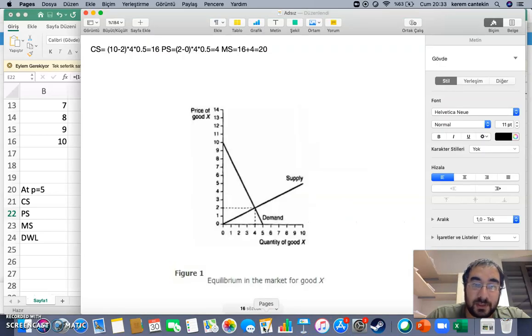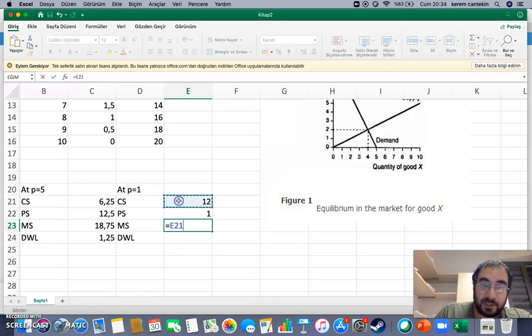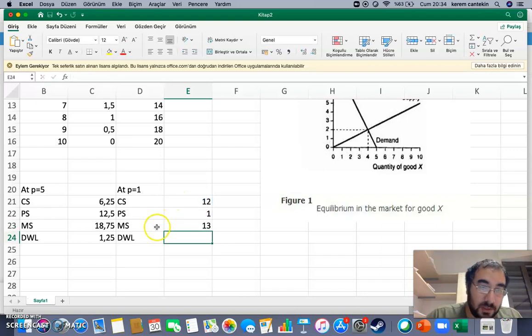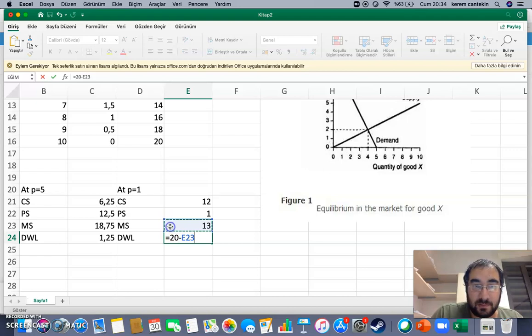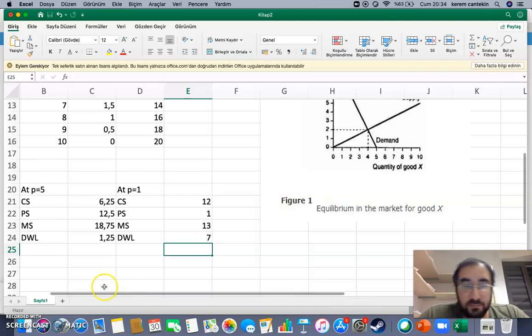Producer surplus was 4, now it is 1. Market surplus is the sum of each other, and deadweight loss is 20 minus market surplus, which is equal to 7. So this is the end of the calculation.